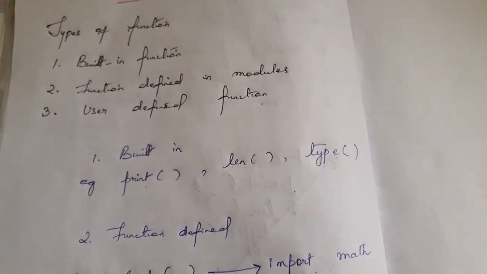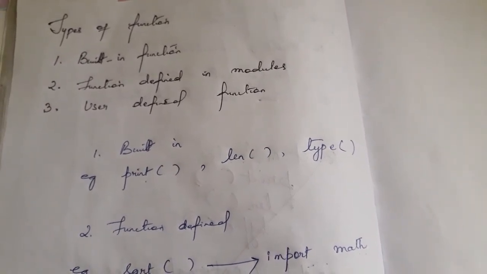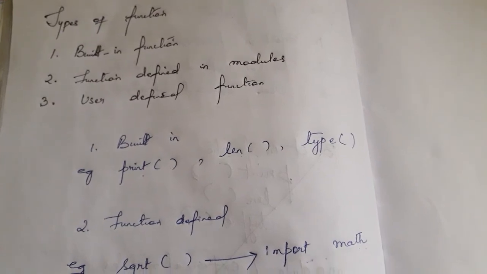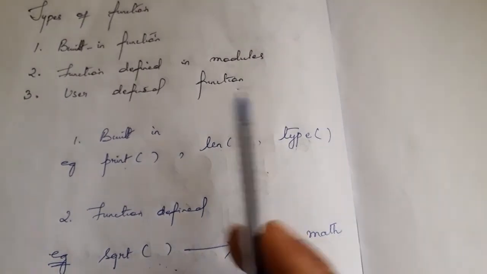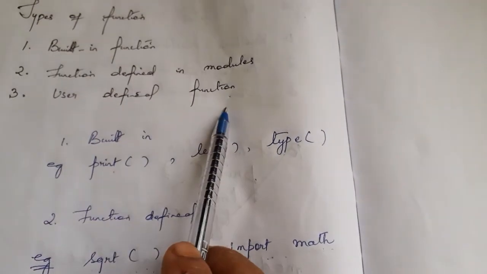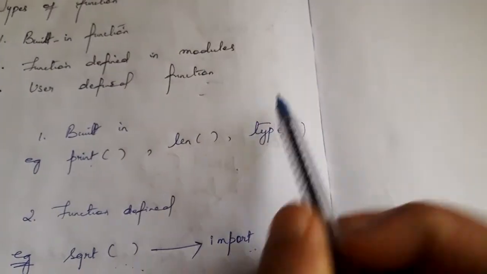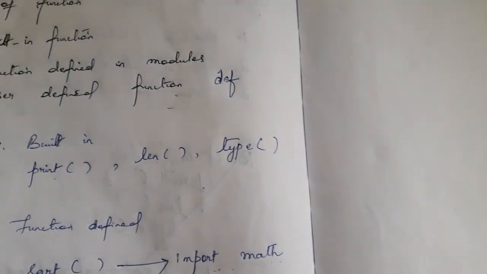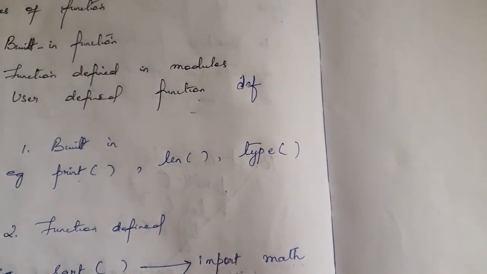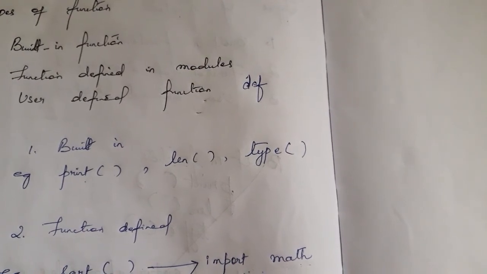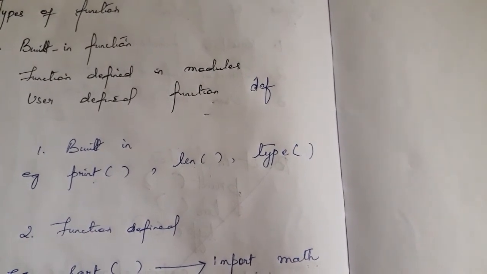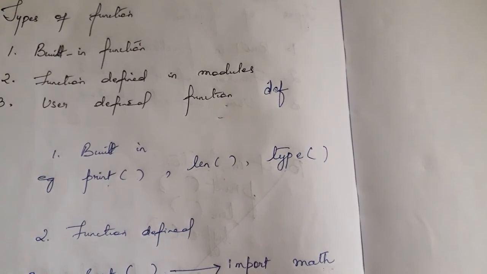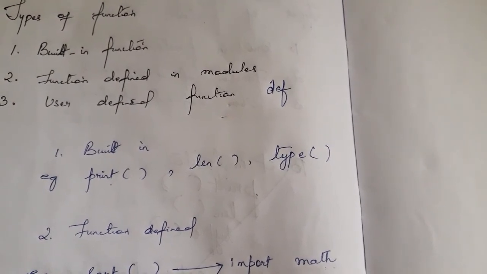Each user-defined function is written by using the keyword def. So every function whose definition starts with the keyword def will be categorized as a user-defined function.